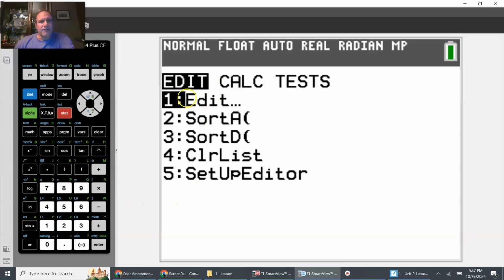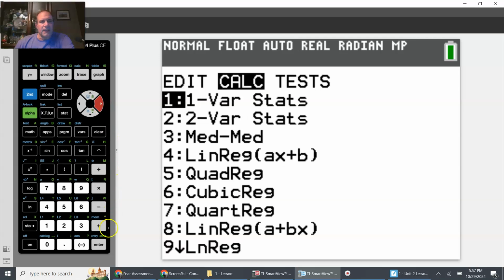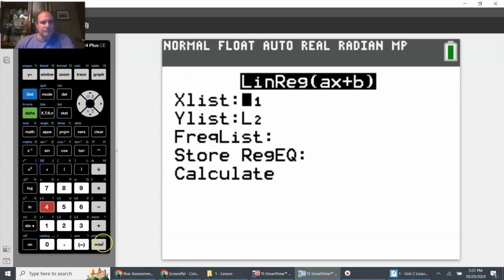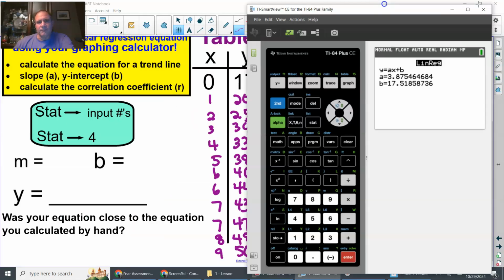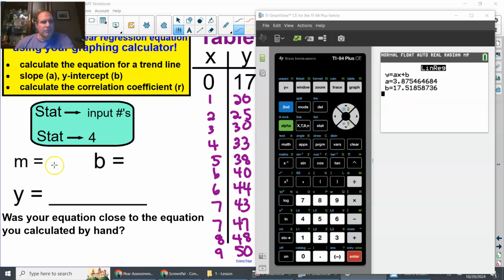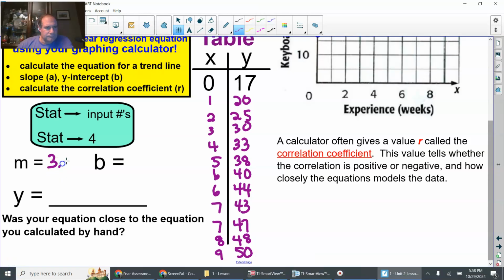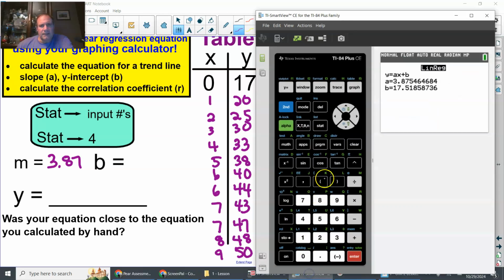All right, so now you have edit, you go over to calc, and you go to 4. You press enter and then calculate, and there are your numbers. So now here's the slope, it's 3.87, and the b is 17.52, rounding to the nearest hundredth.